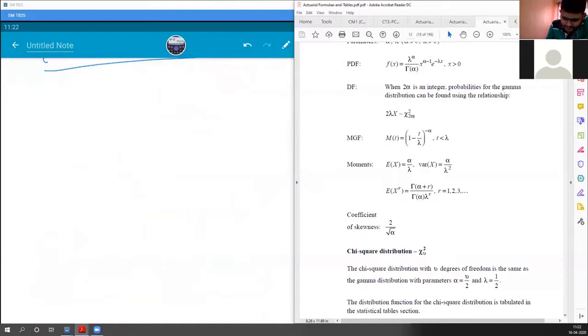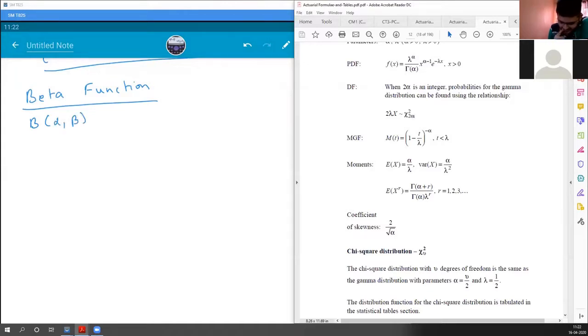Next is beta distribution. Now beta distribution also comes from beta function. So we are going to see beta function first. The beta function is not given in our table book, but it is very easy to remember, so we'll have to remember it. Beta function is written as B alpha comma beta.